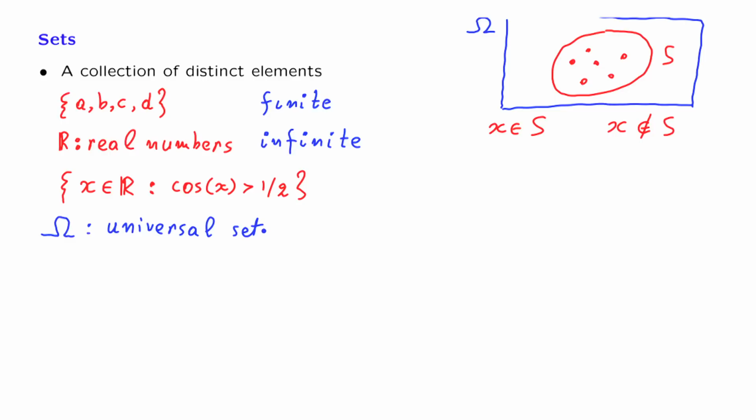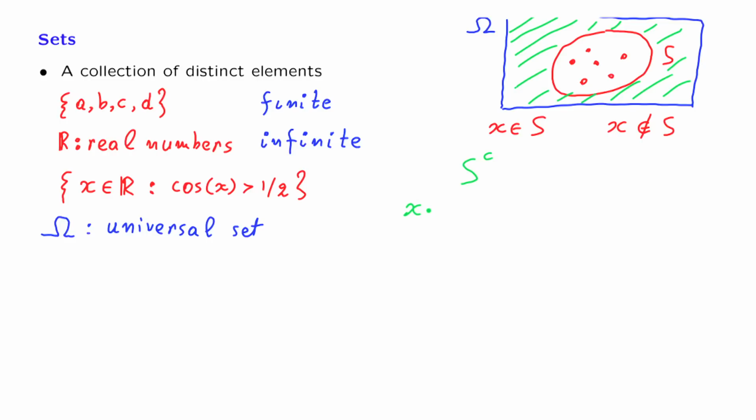And once we have a universal set, we can talk about the collection of all objects or elements that belong to our universal set, but do not belong to the set S. So that would be everything outside the set S. Everything outside the set S we denote this way, and we call it the complement of the set S, and it is defined formally as follows.